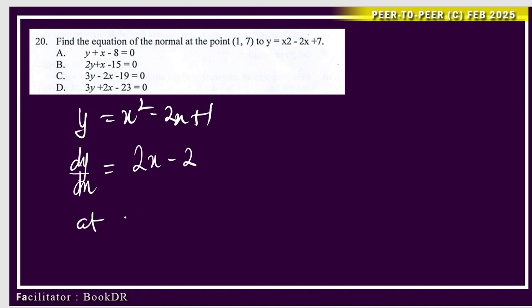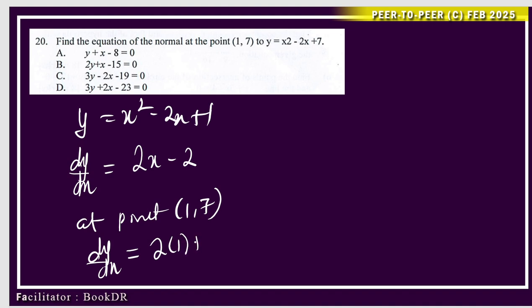So at the point 1, 7, our dy dx will be equal to 2 multiplying 1 minus 2, that will be 0. So it means the gradient is 0.